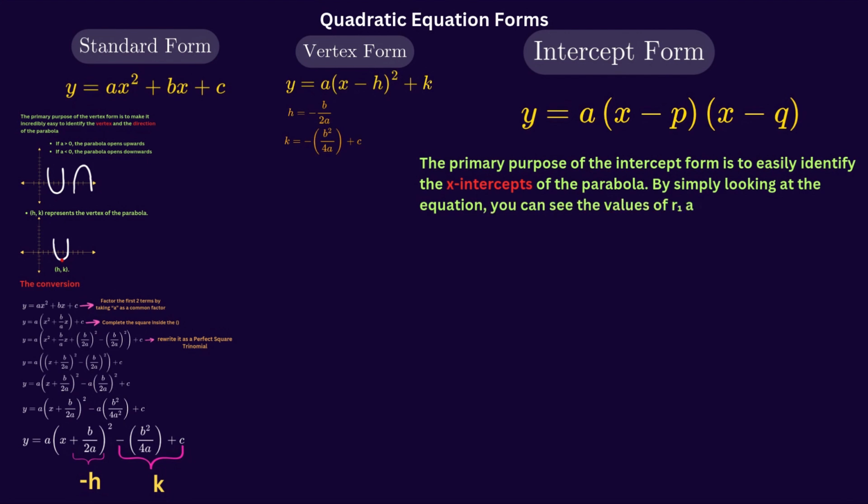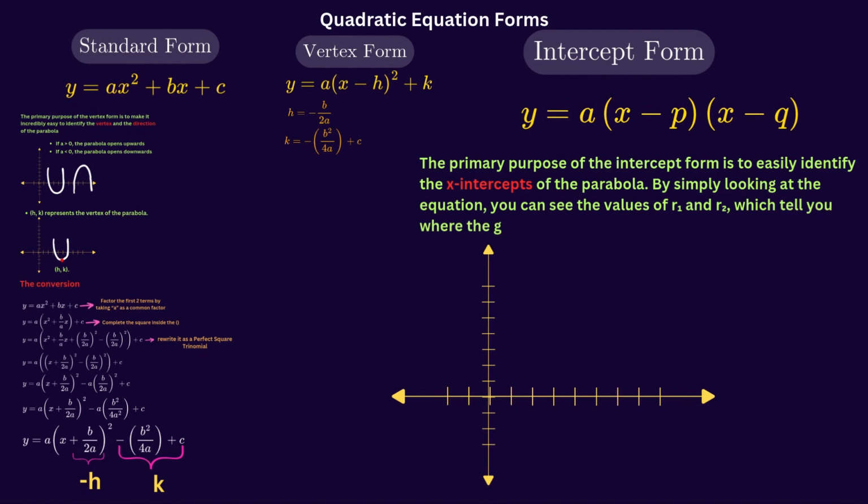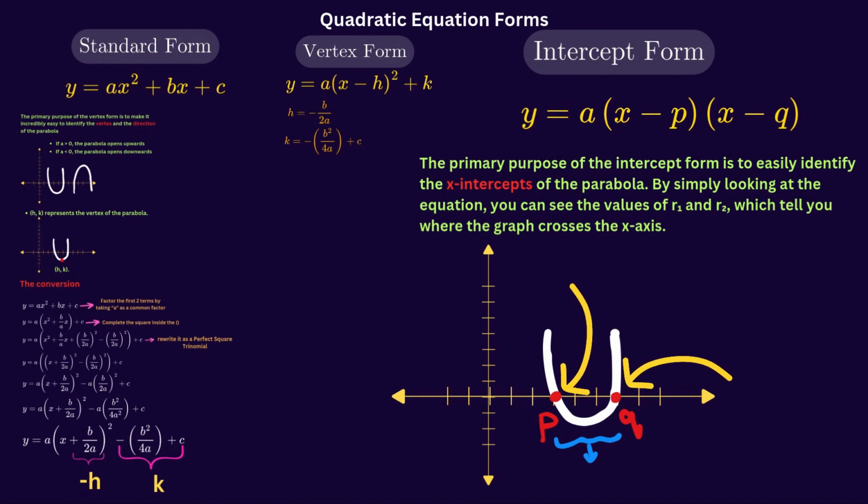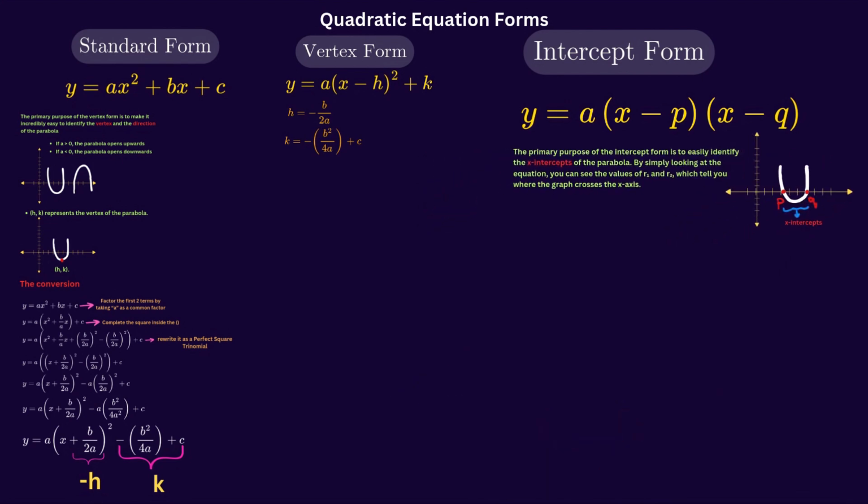We can identify the values of r1 and r2, which indicate where the graph crosses the x-axis. These values correspond to the coordinates (r1, 0) and (r2, 0). Alternatively, we can use the variables p and q to represent the intercepts, resulting in the points (p, 0) and (q, 0). Thus, any parabola will have two x-intercepts.